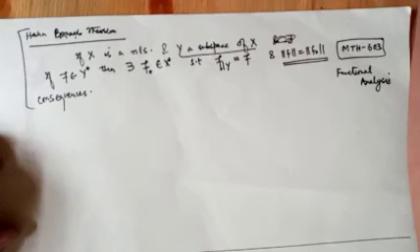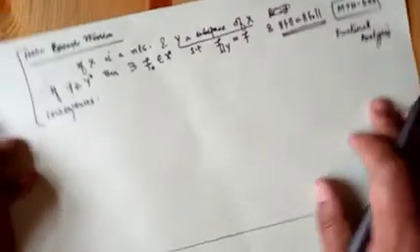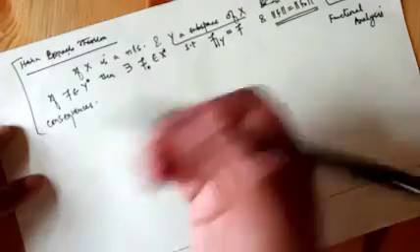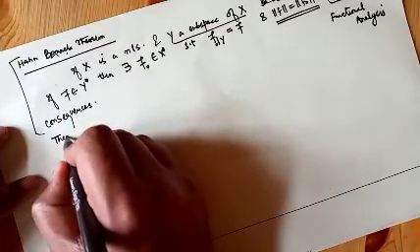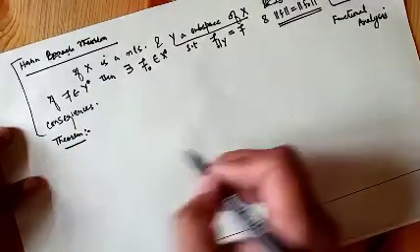Now, this is a very important theorem in functional analysis, and it has a lot of important consequences. One of the consequences of this result would be this theorem. Let me write down the statement.